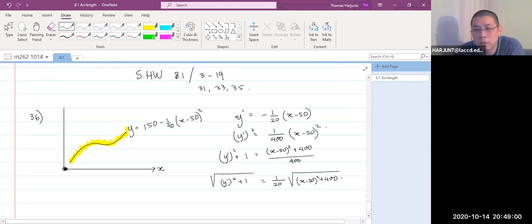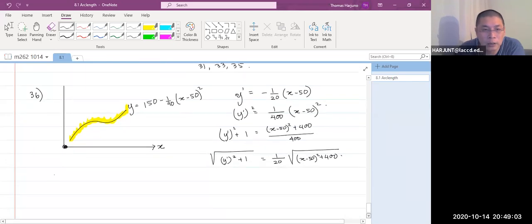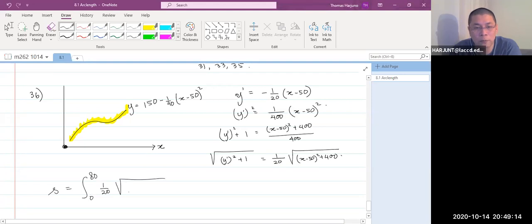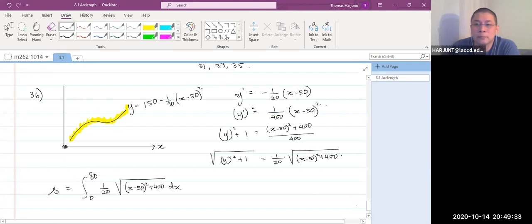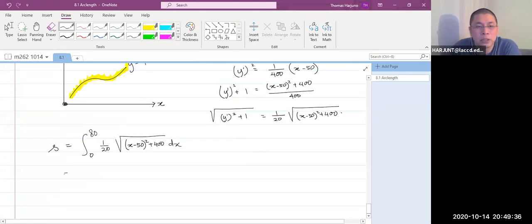Then I need to find the distance traveled by the kite. That will be the integral from 0 to 80 of 1 over 20 square root of x minus 50 squared plus 400 dx. So this is equal to 1 over 20.